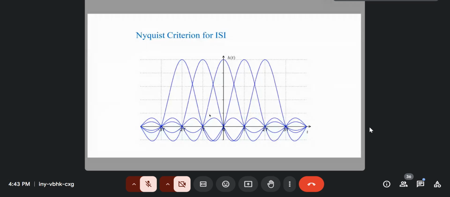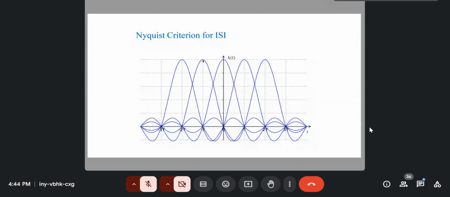Of course, a sinc pulse does fit that. The sinc pulse is difficult to retrace, but you can see these are 5 pulses. When the 5th pulse is at its maximum, when it is 1, these others are 0.